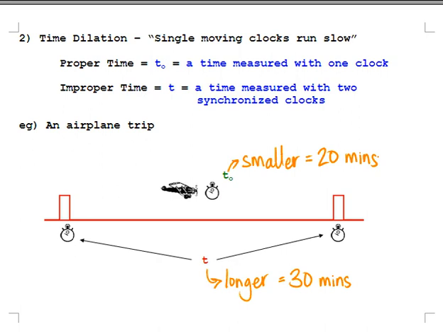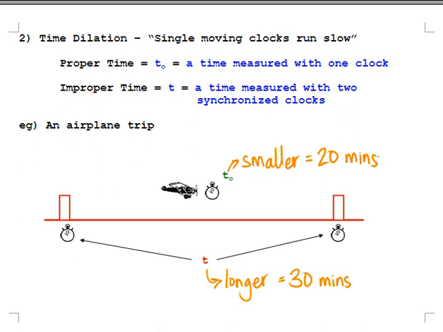That means that for people who were on the ground, 30 minutes actually went by. And for the pilot, who was in their airplane flying, 20 minutes went by, right? Actually 20 minutes. It's not like, oh, you thought it was 20 minutes. 20 minutes elapsed according to the pilot's watch, and 30 minutes elapsed according to the watches of the people who stayed on the ground.